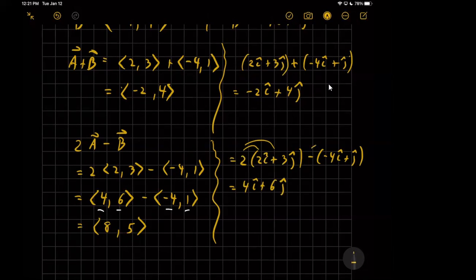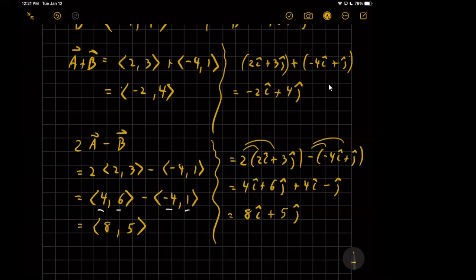And then you distribute the negative sign and you get plus 4i minus j. And then you just combine like terms, and it looks like we have 8i, and we have 6j minus j, so we get plus 5j, and we can see that we have the same answer.